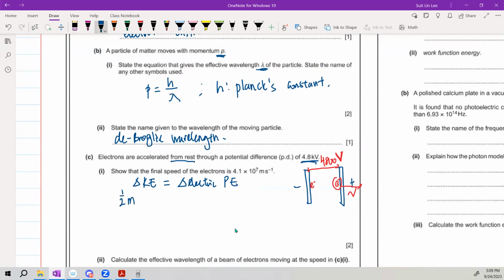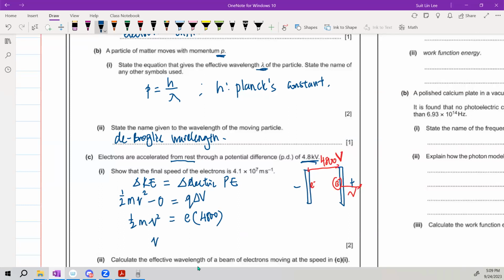Here you can write half mv squared minus 0 because it was at rest. And the electric PE will be e or q delta V. This was how it looks like in chapter 18. But the charge is e, right? And the change in potential is 4800. Okay, this will be half mv squared.